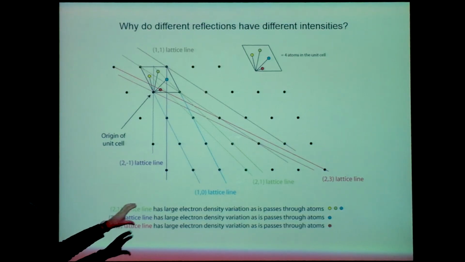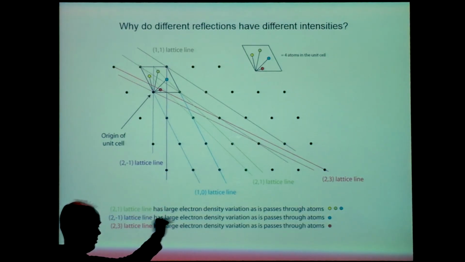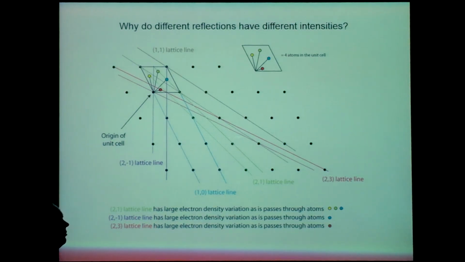Because you don't have a simple case where you've only got 4 atoms, but hundreds of atoms, each reflection has a component from all those that it passes through. So it's not as easy as that makes out, but that does tell you why the intensity varies. It's how it cuts the atoms, or the electron density that it sees within that unit cell.